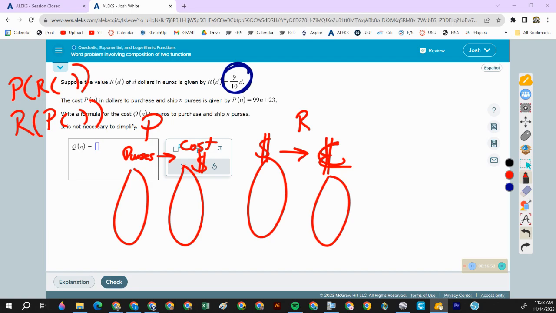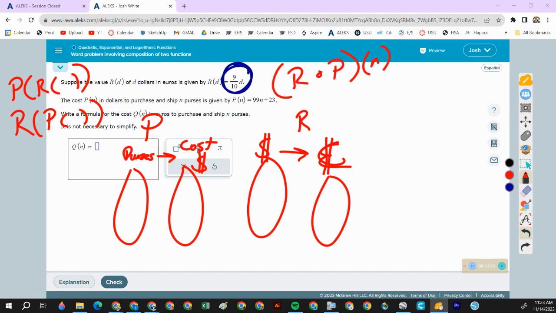So we have to figure out the shipping cost in dollars and then convert that into euros. Because we don't know the shipping cost in euros, but that's what this function is going to do. Okay. So I need P to happen first. So P goes on the inside, or it would be R composed with P.